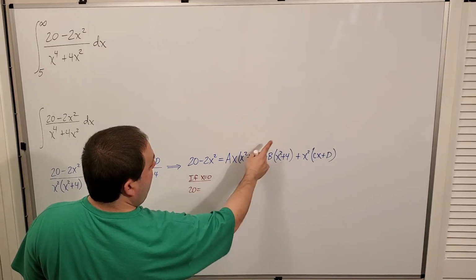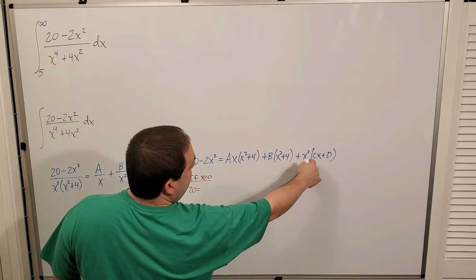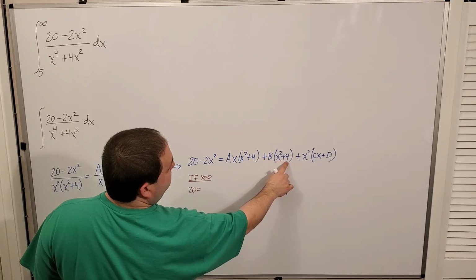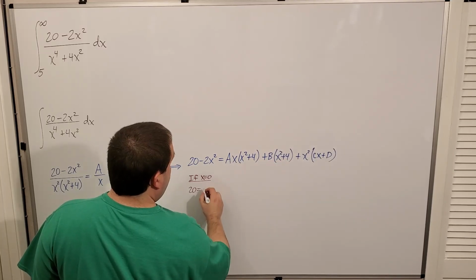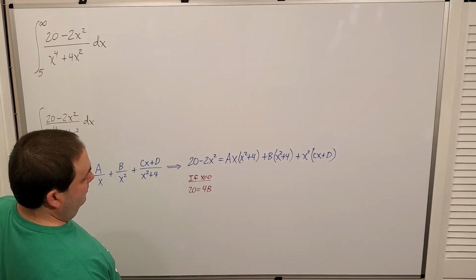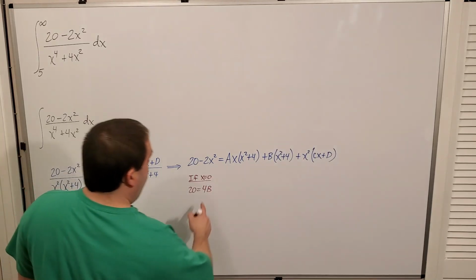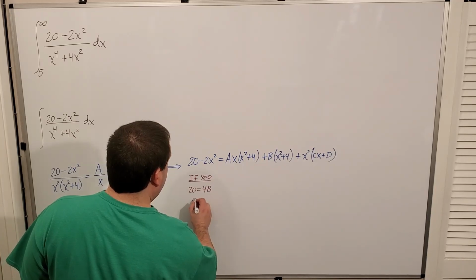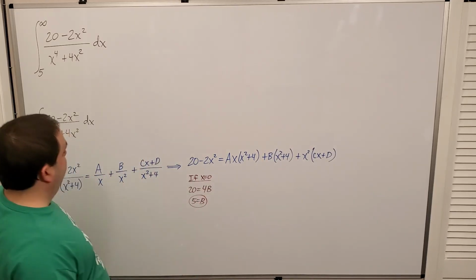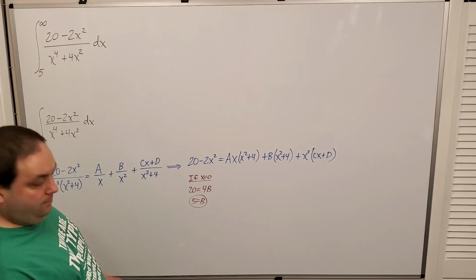X is 0, so that piece is gone. X is 0, so that piece is gone. I have B times 0 squared plus 4, which is just going to be 4 times B. Therefore, B is equal to 5. We've already got one of our pieces there. That's good.